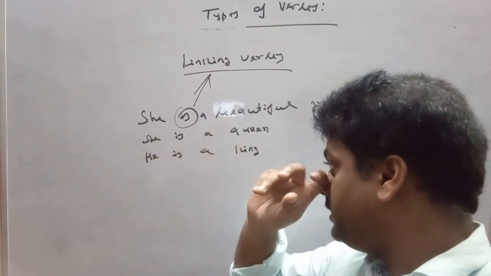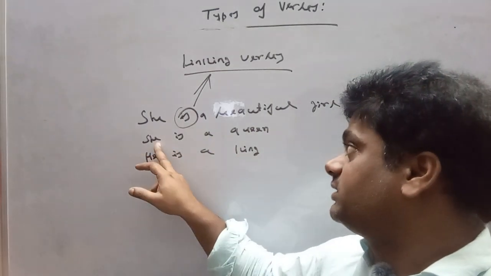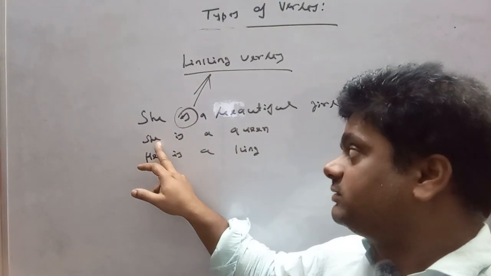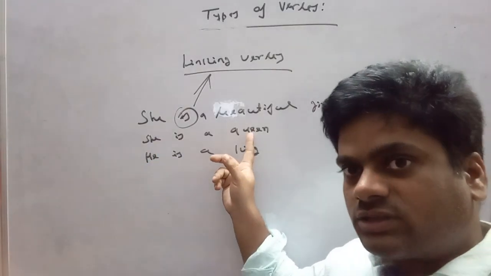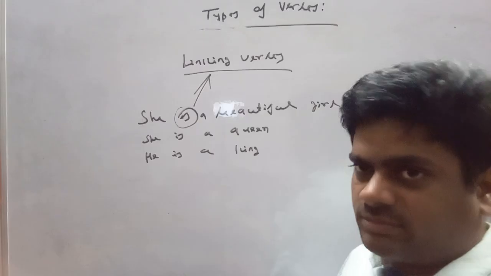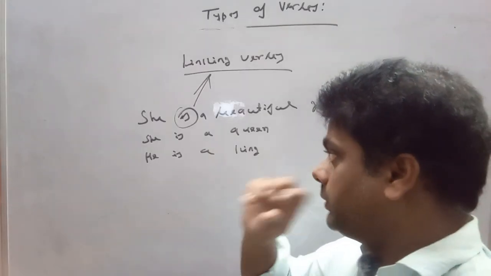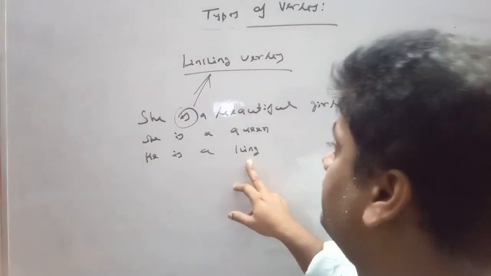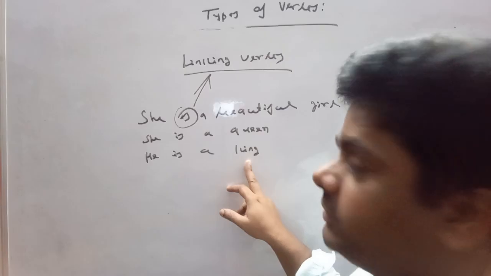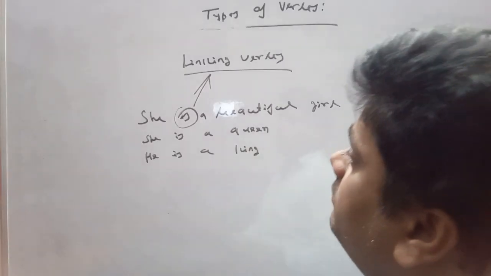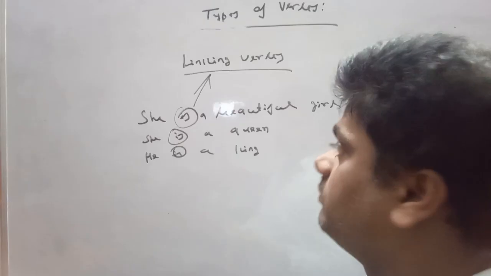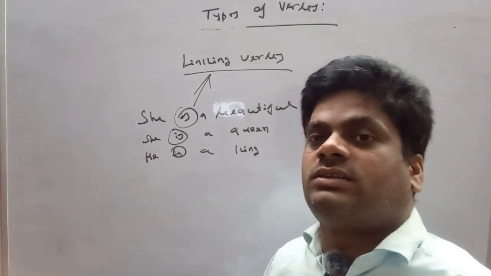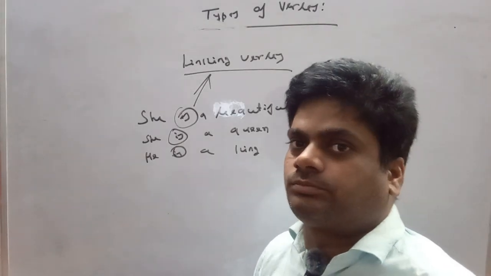She is a queen, she is the subject, and the verb is making a bridge to its complement. He is a king. So guys, here is works as a linking verb in a sentence.